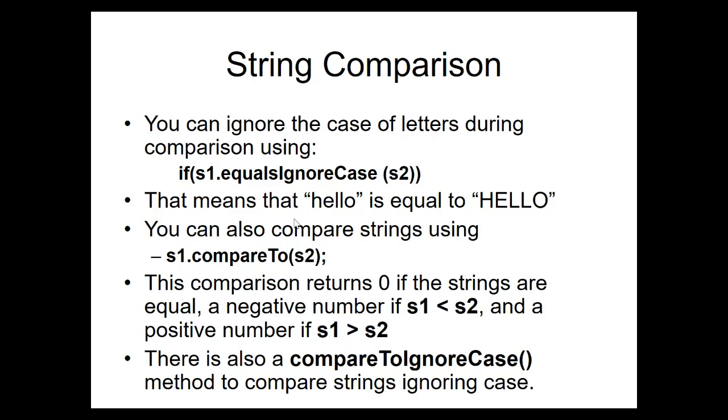If you do want to make a case insensitive comparison, which is, I would say, most of the time what you want to do, you can use equalsIgnoreCase. Now, consider when you type in a username and a password.